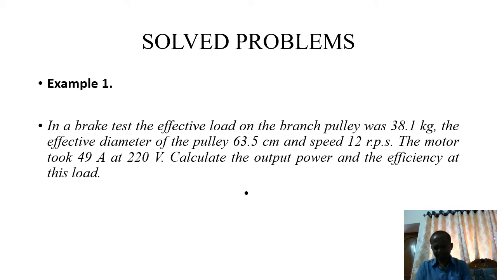First problem: in a brake test, the effective load on the brake pulley was 38.1 kg. The effective diameter of the pulley is 63.5 centimeters and speed 12 revolutions per second.